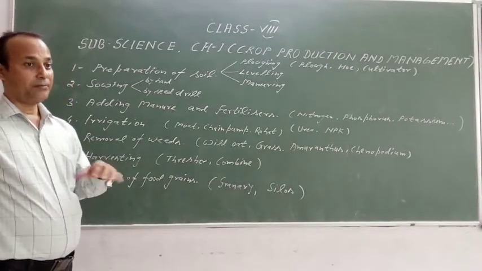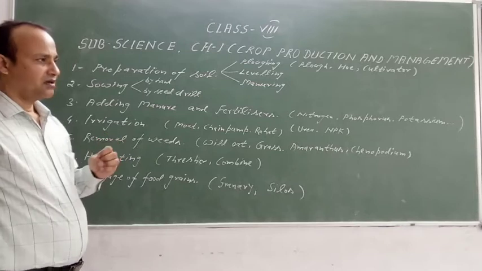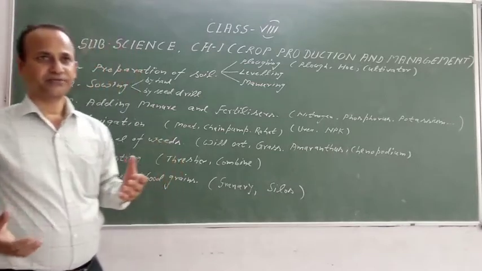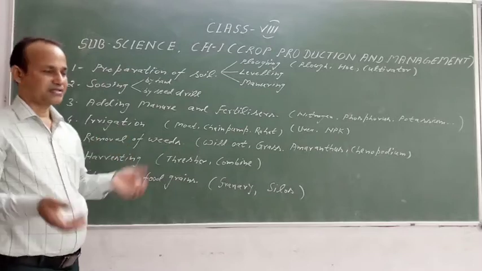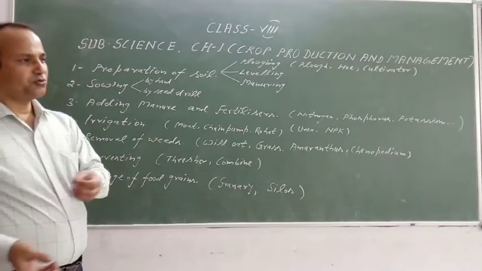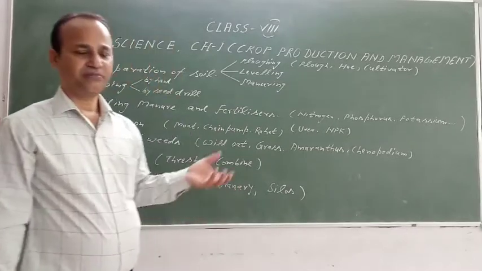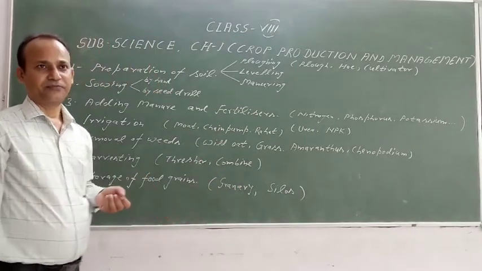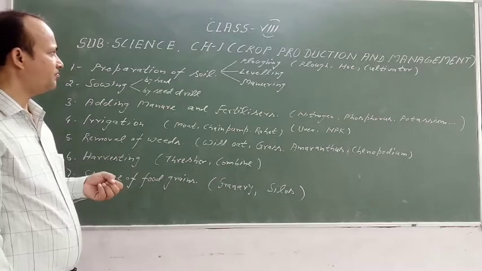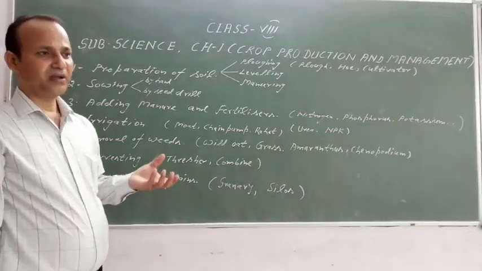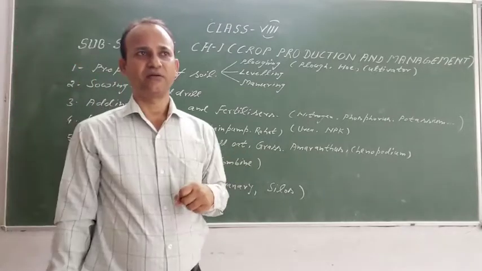When the soil is prepared, the farmer takes the seeds in a bucket or a basket and distributes them evenly on the surface of the soil or land. In this way, the seeds germinate and new plants grow.